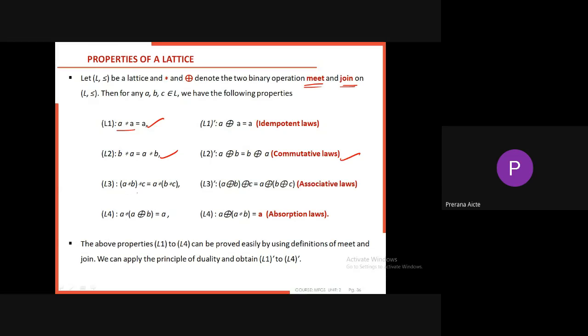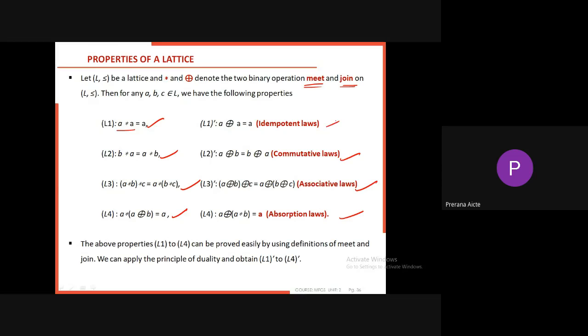Next, (a meet b) meet c equals a meet (b meet c), which is the associative law. And a meet (a join b) equals a, which is the absorption law.